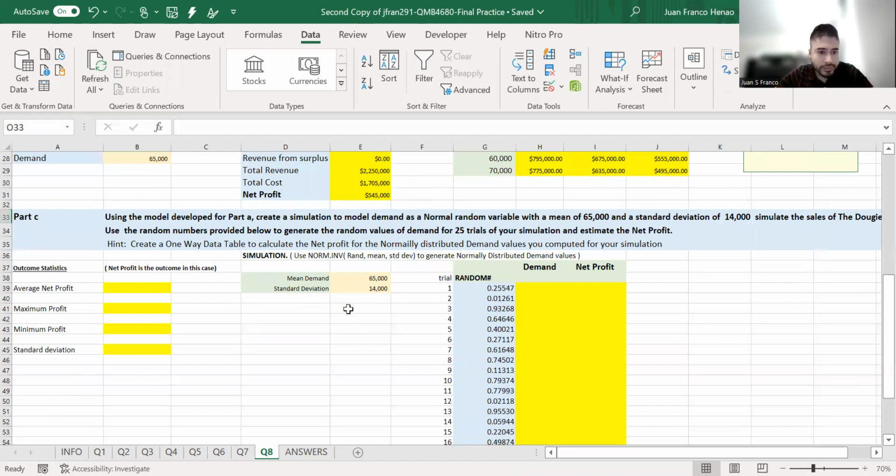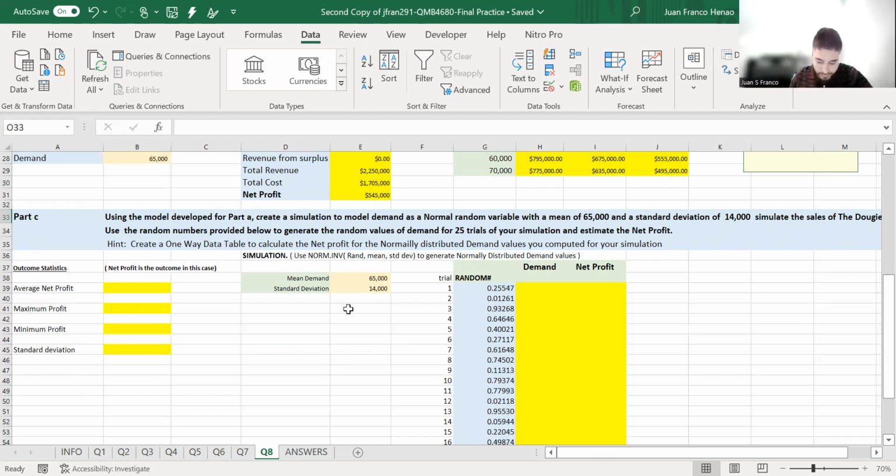Use the random numbers provided below to generate the random values of demand for 25 trials of your simulation and estimate the net profit. Hint, create a one-way data table to calculate the net profit for the normally distributed demand values you computed for your simulation.